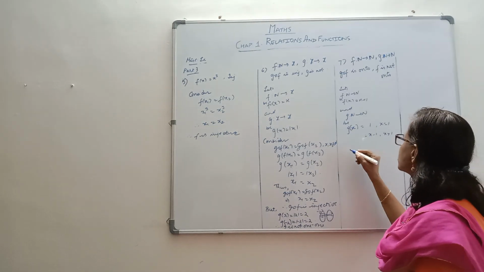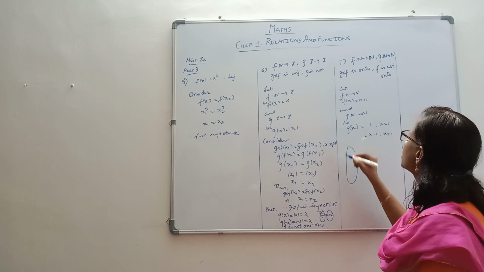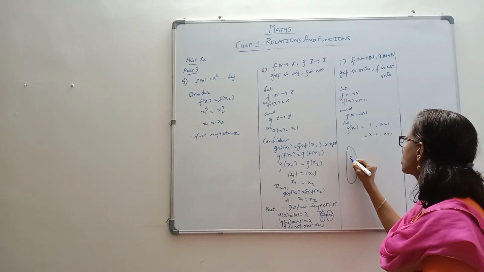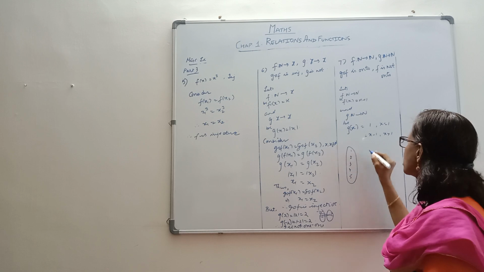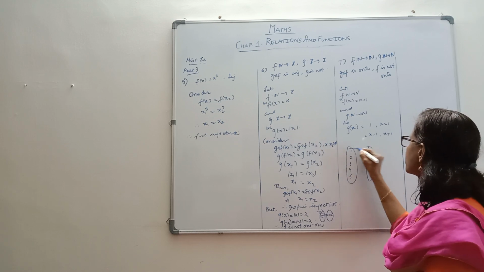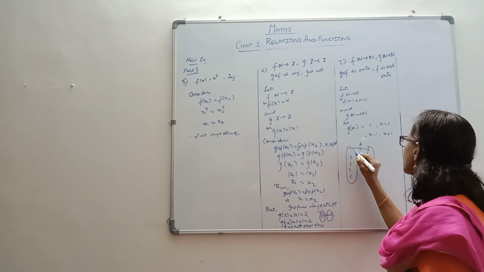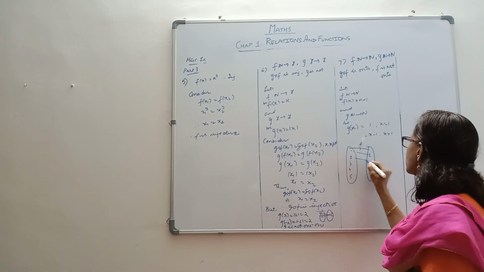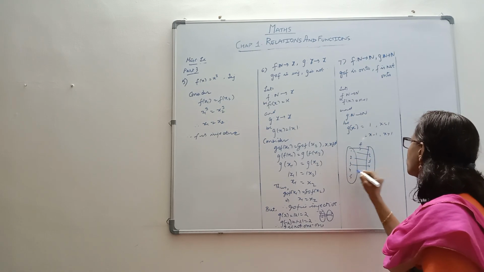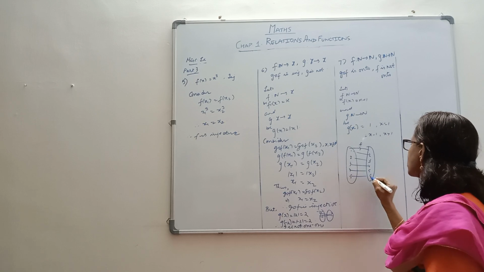So let's get the f function. It starts from natural numbers 1, 2, 3, 4, 5, and so on. How is f defined? x goes to x plus 1. So 1 will go to 2, 2 will go to 3, 3 will go to 4, 4 will go to 5, 5 will go to 6, and so on.